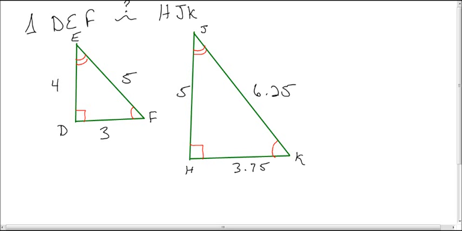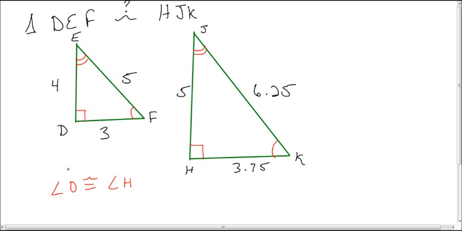Well, now we need to determine what it is that we need to do, since we are loaded with all of this information. Well, first thing, you want to check and see if your corresponding angles are congruent. So we can see just by looking that angle D is congruent to angle H, because they both have the same degree.